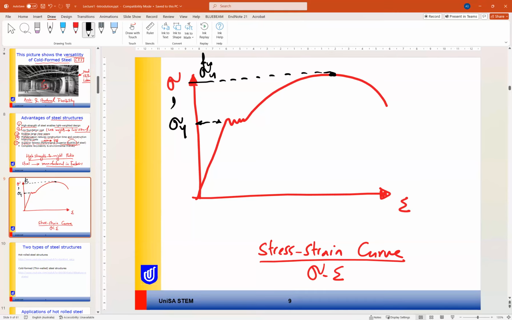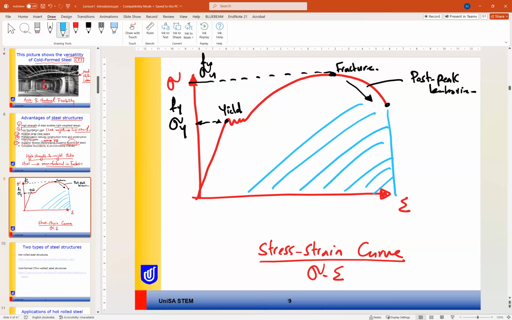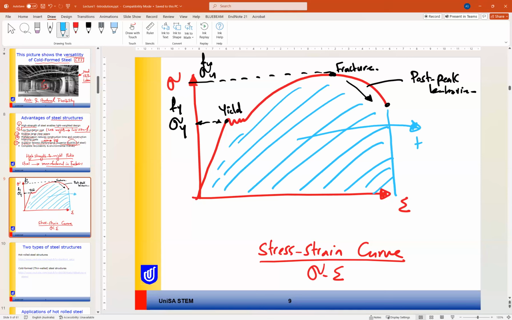So we have F yield or sigma yield and Fu or sigma U. At this point we call it yield point, and here we have the fracture or break point, and this declining part is the post peak behavior. The ductility of any material is the area below this curve. So when the area under this curve is larger, this means that we have high ductility of the material.